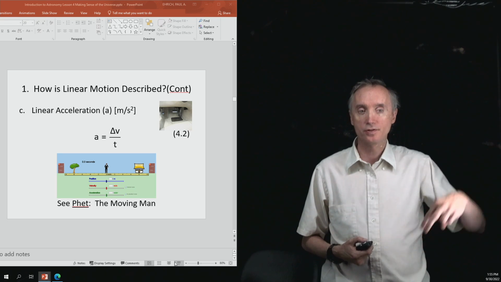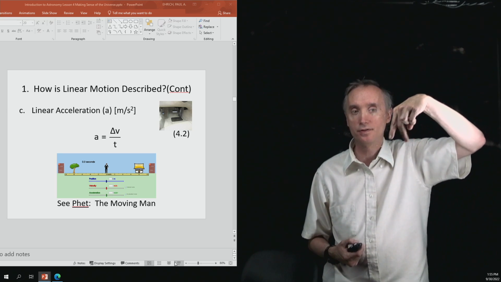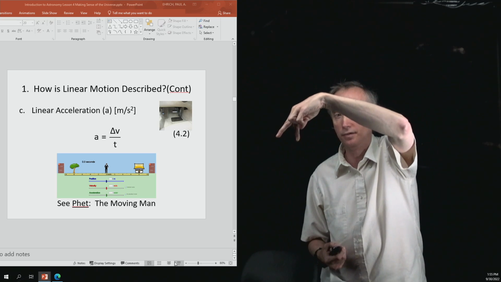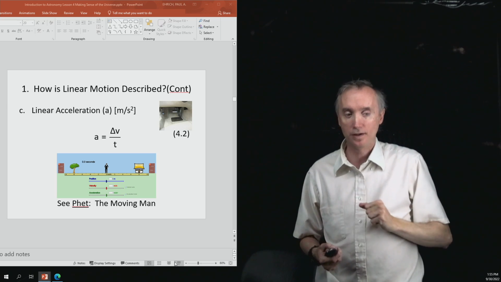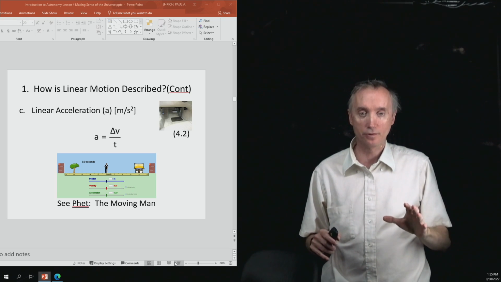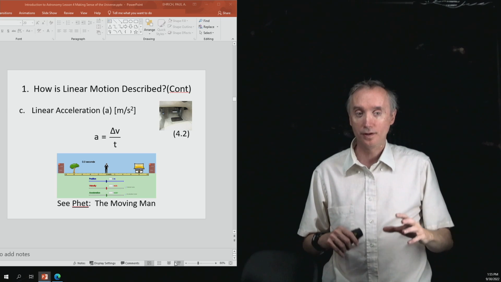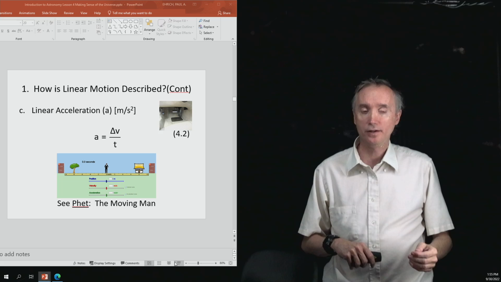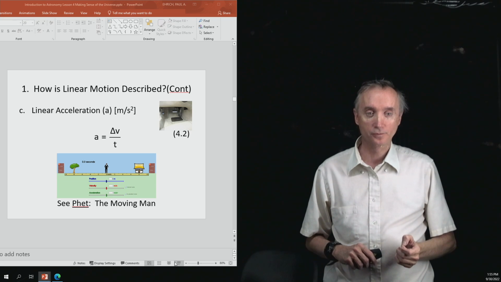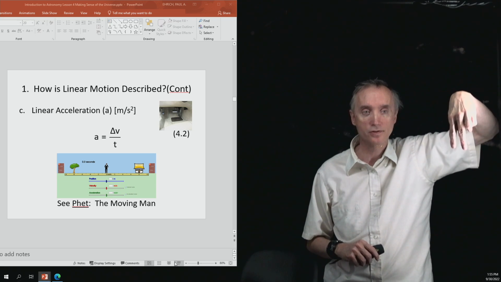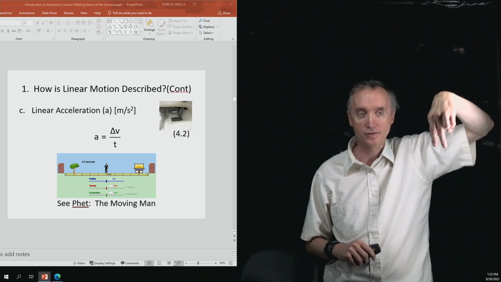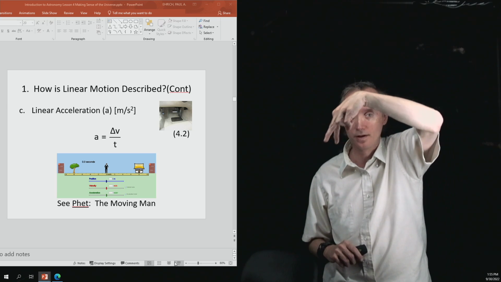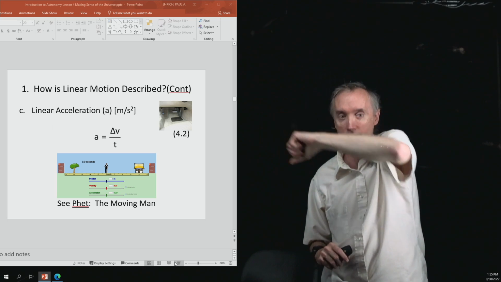You should have noticed that he walked at a constant speed if there was no acceleration. That's very important. When there's no acceleration, there's no change in speed. Whatever speed he starts out with, that's the same speed he has as he walks across.